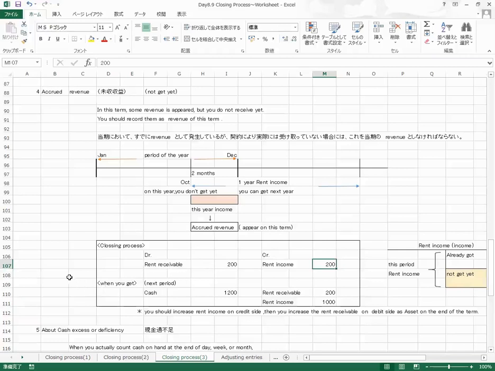Then next term, next year, when you get rent income for the next period, cash 1,200. Then credit side, rent receivable 200 and rent income 1,000. Rent income belongs to the next term.